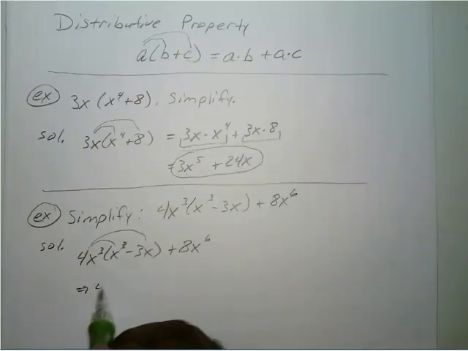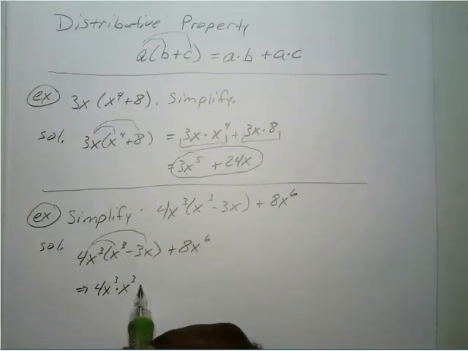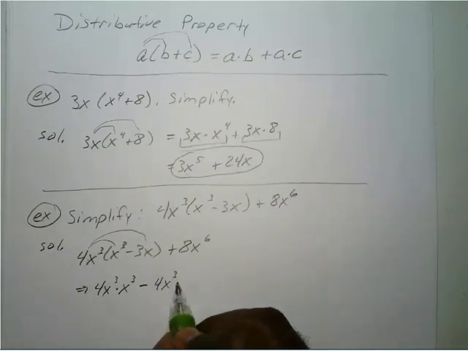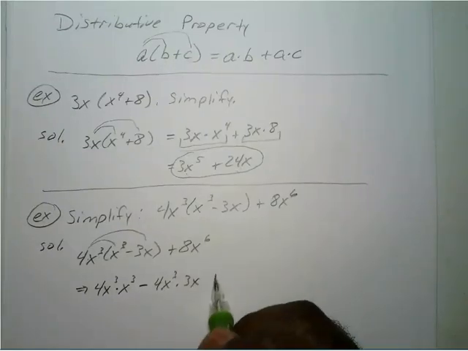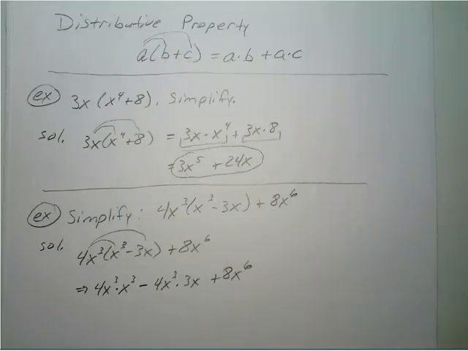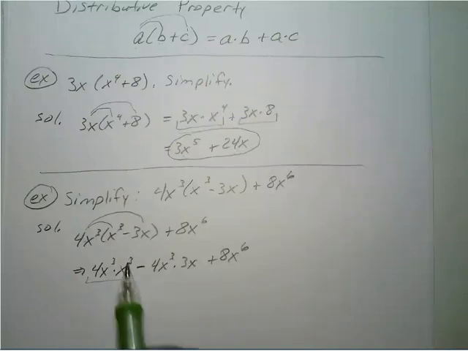Okay, so this is 4x to the third times x to the third minus 4x to the third times 3x plus 8x to the sixth power. Okay, so if we multiply those two variables, x to the third times x to the third is x to the 3 plus 3.